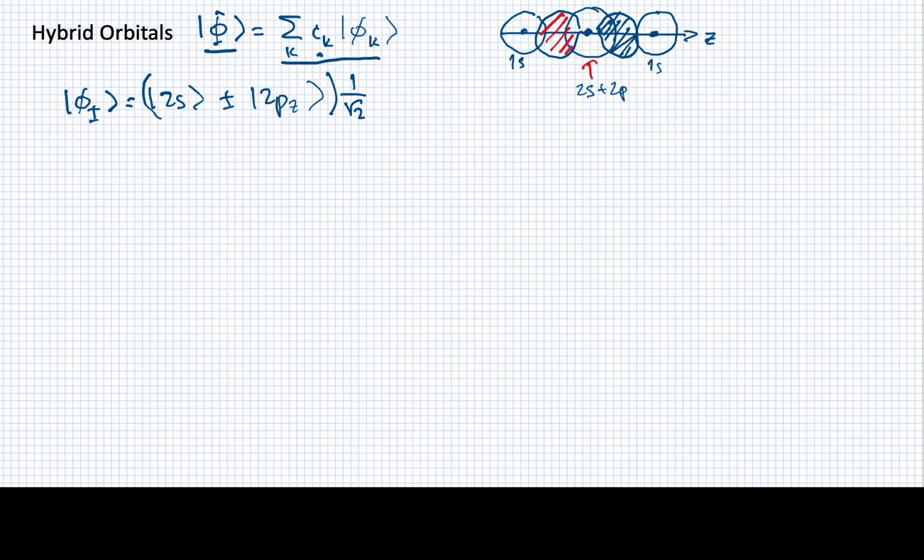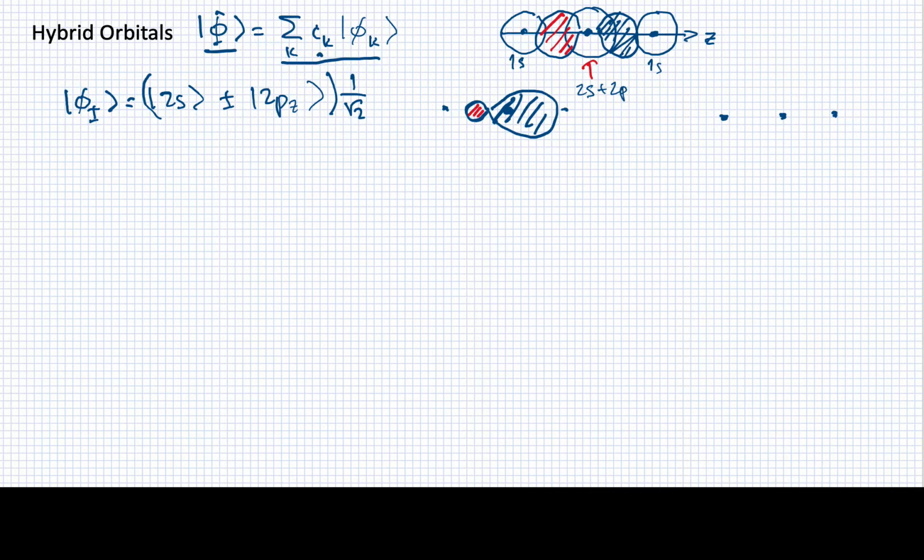But this will now produce two orbitals. Let me redraw my triatomic molecule out here. One of these, when I add the plus version, is going to be a big orbital pointing in this direction with a smaller one in this direction. So again, to differentiate the sign of these two lobes, I might do that.